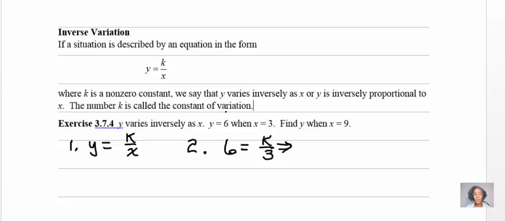To solve this, we're going to multiply both sides of this equation by 3. This allows us to isolate k on the right side of the equation. And we see that 18 is our k. That's step 2 of our process.